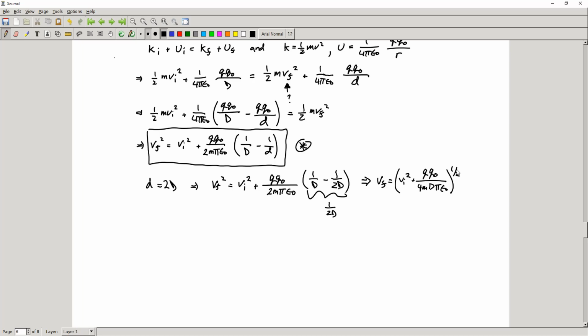If you sub in numbers, you will find a Vf equal to 3.8 times 10 to the 6 meters per second. That's your final velocity.